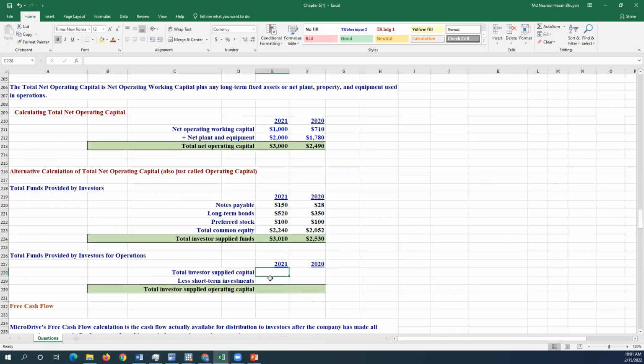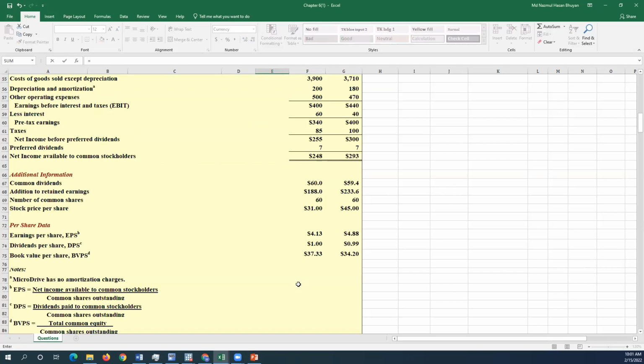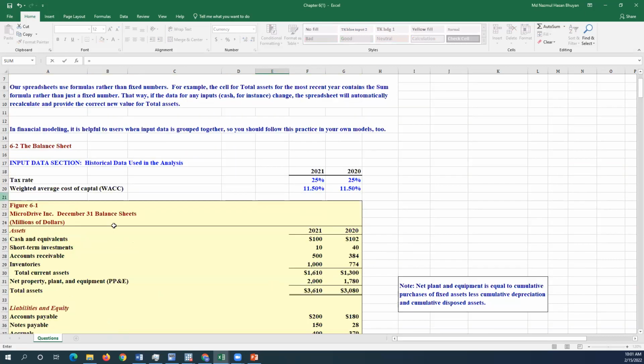Then we are going to calculate total investor supplied operating capital. It is the difference between total investor supplied capital and short-term investment. And we get short-term investment from the current asset side of the balance sheet.